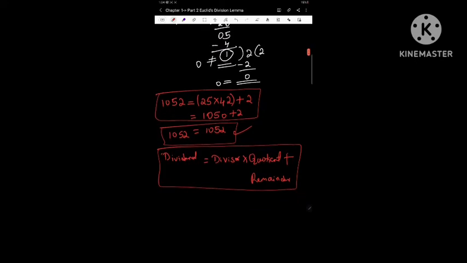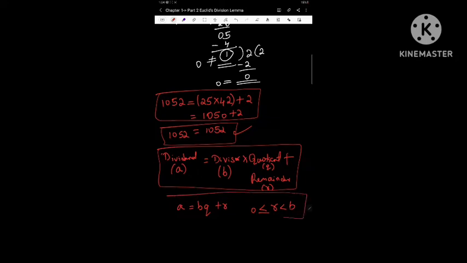So we'll mention dividend as A, divisor as B, quotient as Q, remainder as R. So we can say that A equals BQ plus R, with a condition on R: R should be greater than or equal to 0 and it should be less than the divisor, that is B.